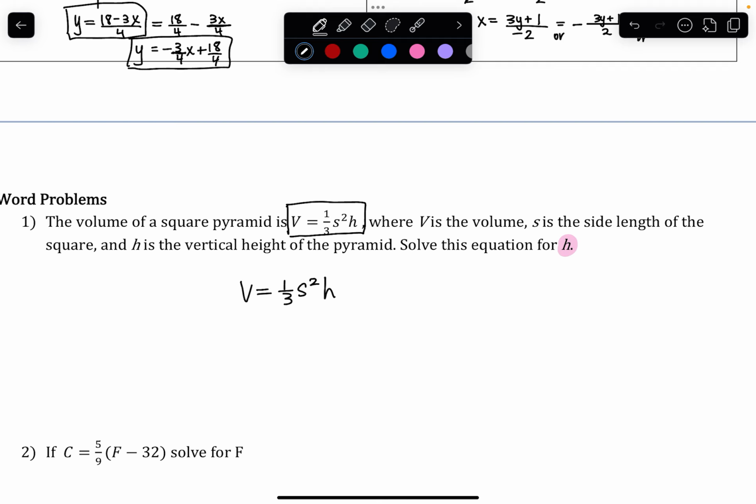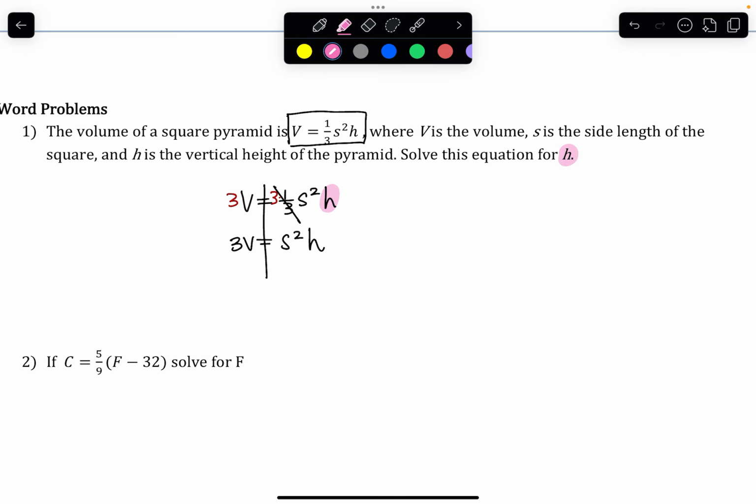And we are solving for H. Okay, and so one thing we can do right off the bat is get rid of the 1/3 by multiplying both sides by 3. 3 times 1/3 would cancel. And so that would leave me with the equation 3V equals S squared H.